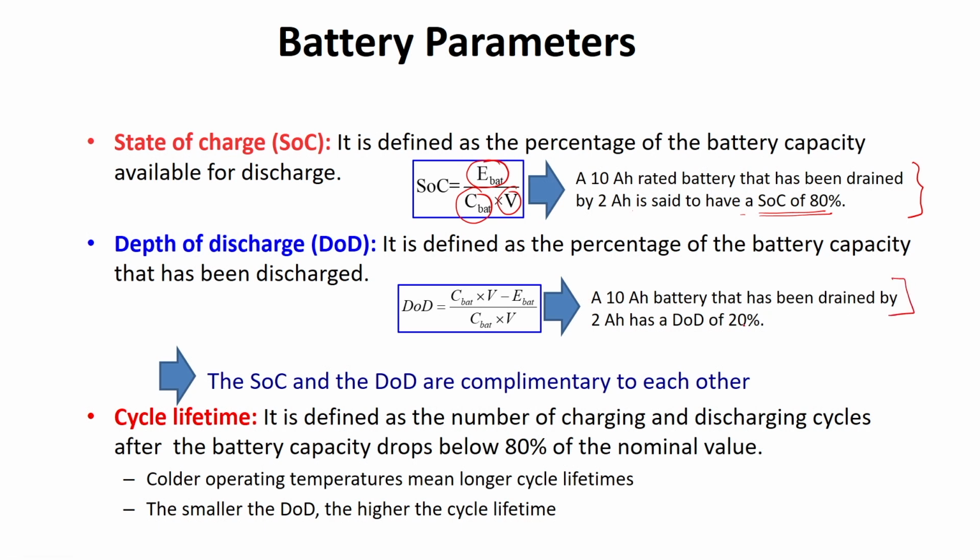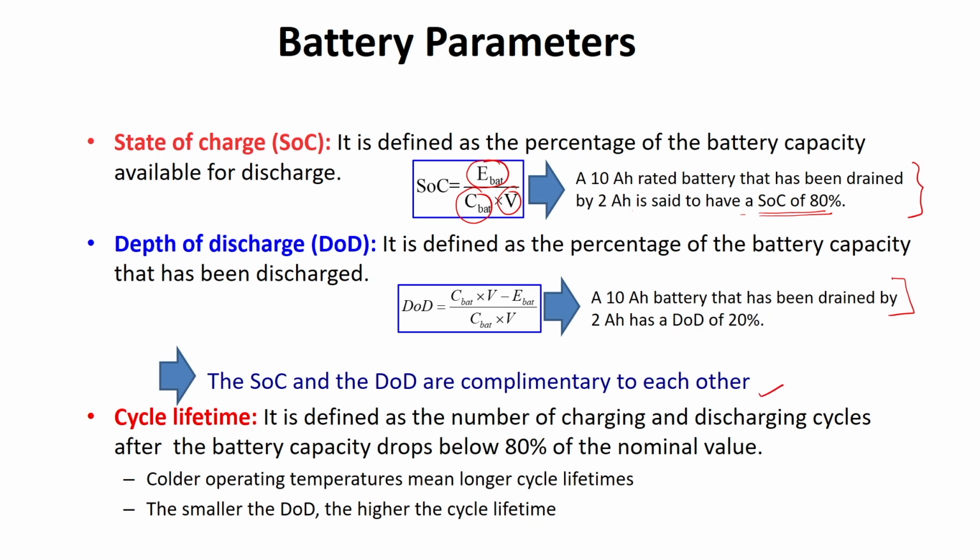For your understanding, we can visualize it this way: a 10 ampere hour battery that has been drained by 2 ampere hour has a DOD of 20%. Okay. So, SOC and DOD are complementary to each other, as you can see now.